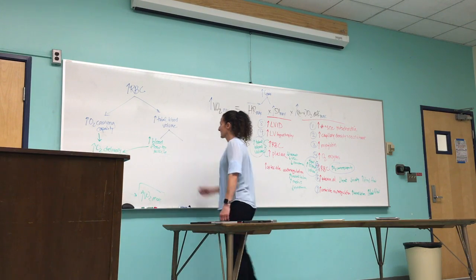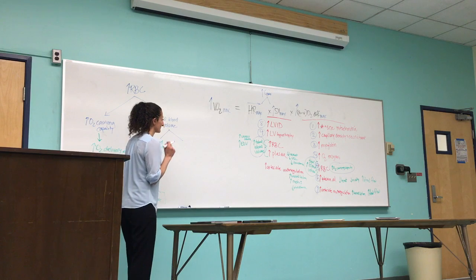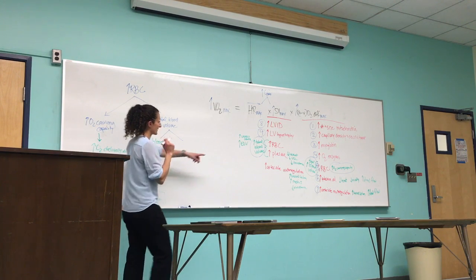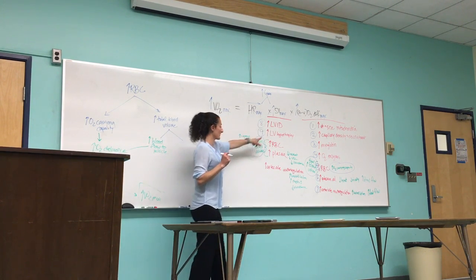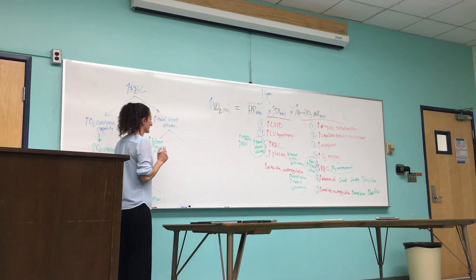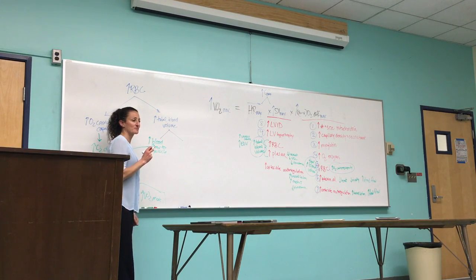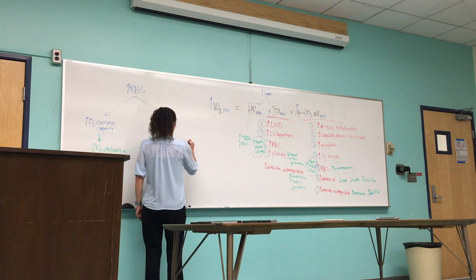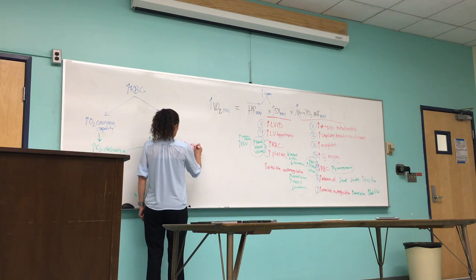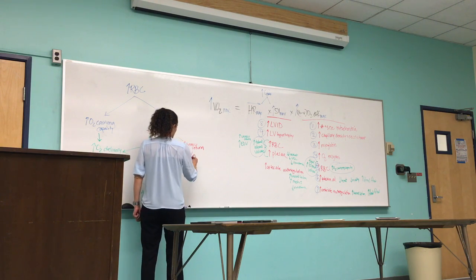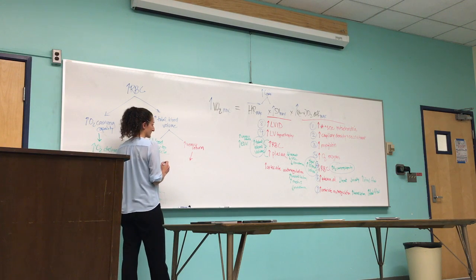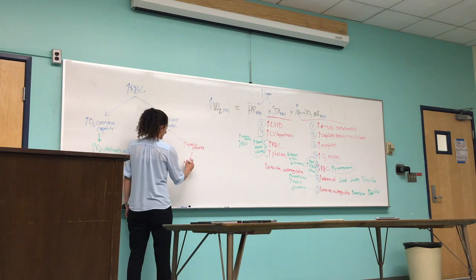Okay, what's our other pathway for total blood volume? This one's got to take us to stroke volume. So how does increased blood volume help us increase our stroke volume? Increasing venous return, which does what? Increase end-diastolic volume.